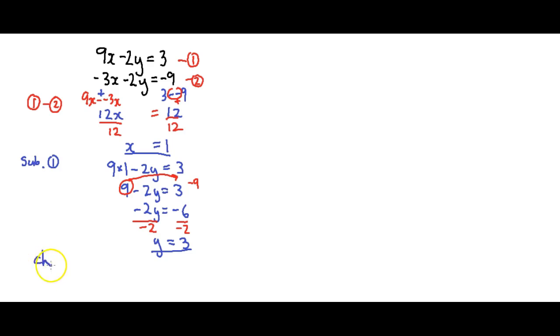Now, like all the equations we've done so far, we can check in the equation we didn't use. So I'm going to check in 2. So 2 says minus 3 times x, I believe x is 1, minus 2y, minus 2 times, I believe y is 3, and if we're correct, that should come out to minus 9. Now I'm doing the multipliers first. Negative 3 times 1 is negative 3, and negative 2 times 3 is negative 6, and negative 3 take 6 is negative 9.